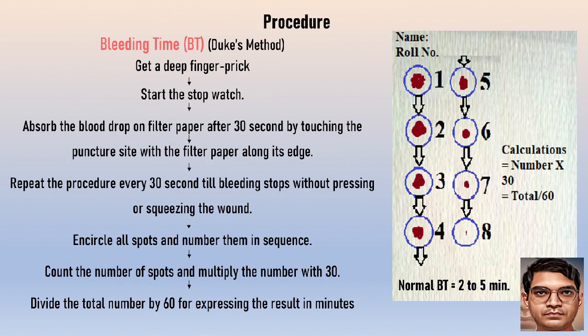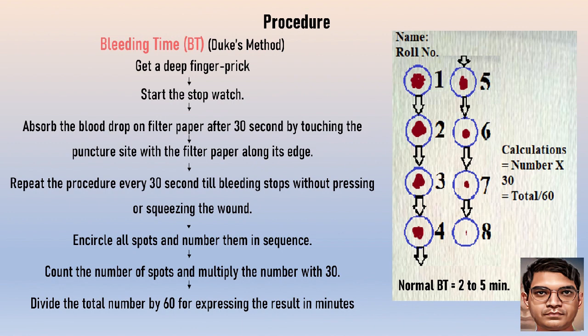In the procedure of bleeding time by Duke's method, first take a deep finger prick, then start the stopwatch. After 30 seconds, absorb the blood drop on filter paper. Repeat the procedure every 30 seconds till bleeding stops, without pressing or squeezing the wound.